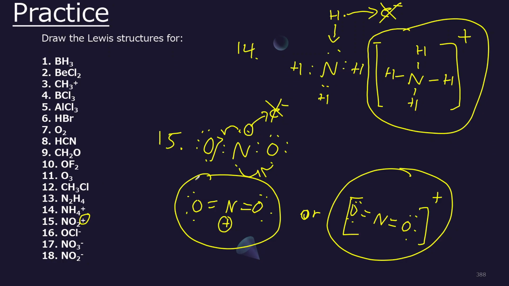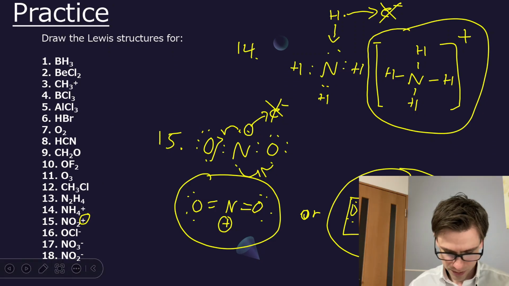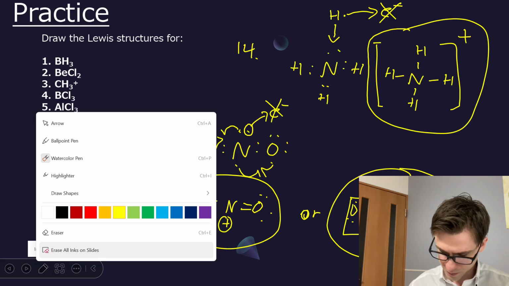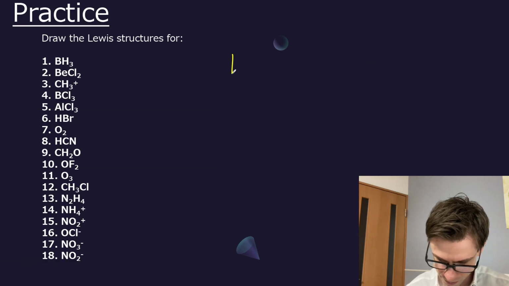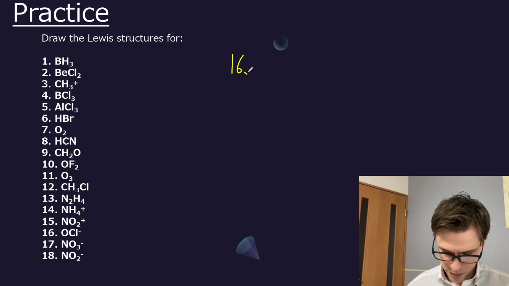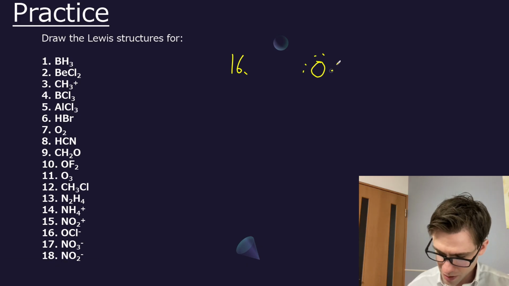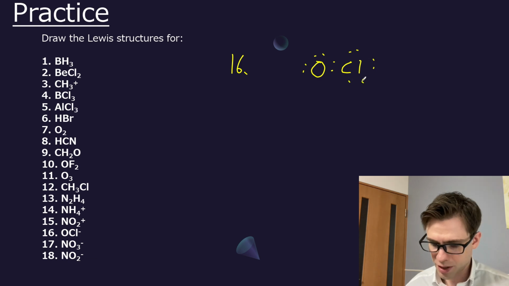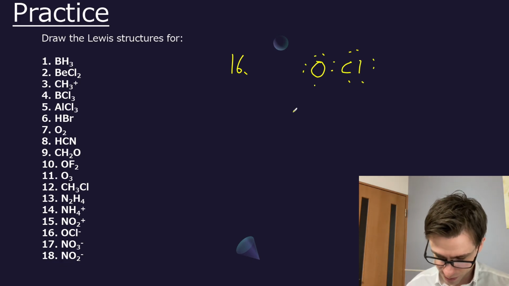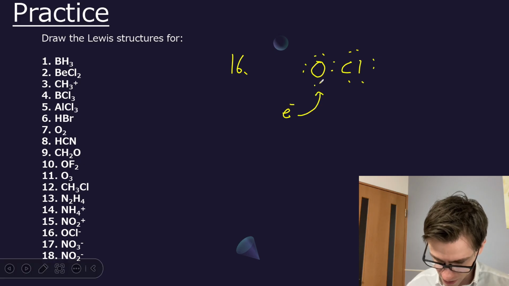Next, number 16, I'll clear this slide. OCl-. So we only have 2 atoms here. It's not that important to choose a central one, but we'll have an oxygen single bonded with a chlorine. Chlorine easily fills its octet, making that 1 bond, but oxygen has 7 electrons here in the valence. But remember, this is OCl-, so we get 1 free electron to add into here. And I'll put it right in that empty space.